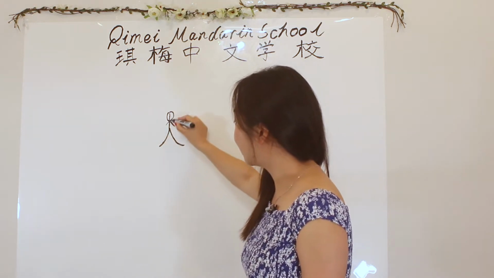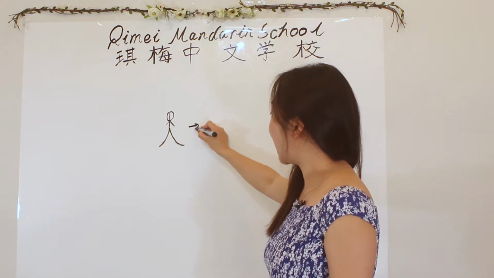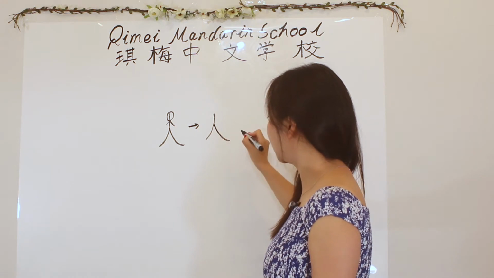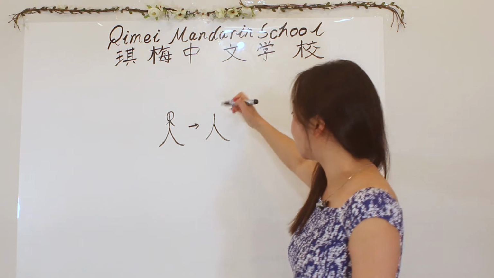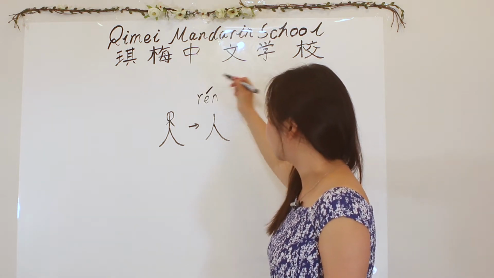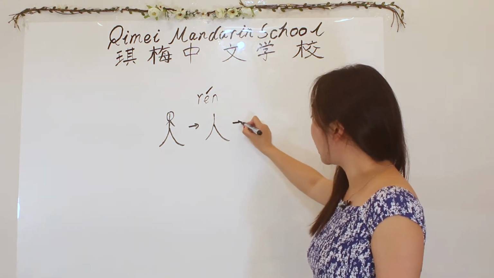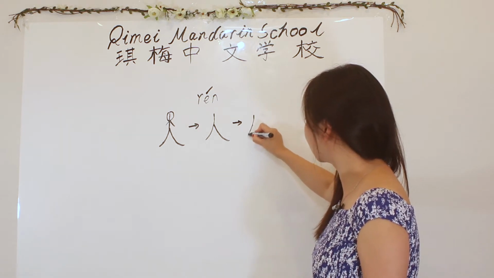So this character means person, and then we simplified it to look like this. It looks like a person standing there, right? So this character means person. It's called 人.